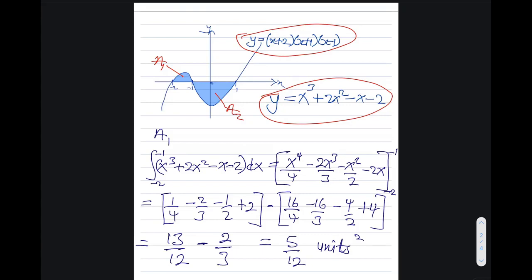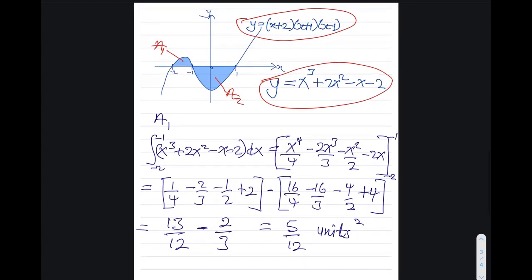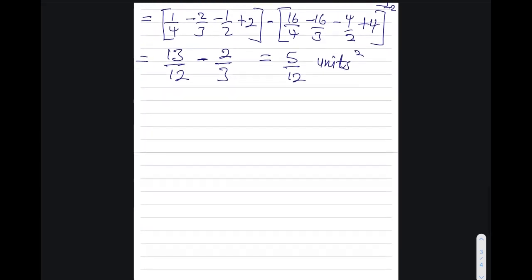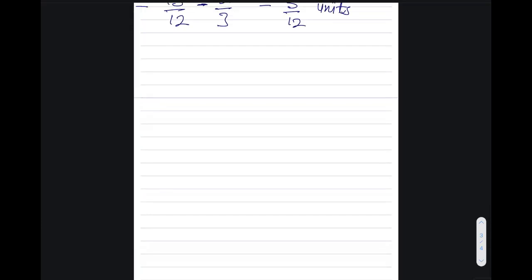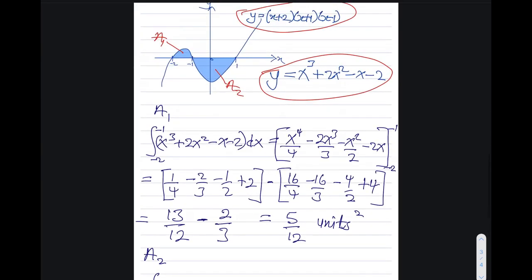Now this is for only area 1. When you end here, you will lose marks. So now let's go and work on area 2. For area 2, we are going to integrate from where? That's from -1 to 1.